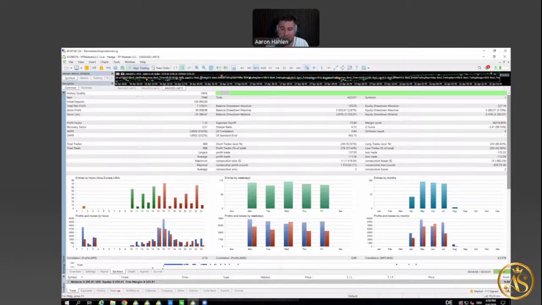So the strategy is working fully automatically. Because I don't like to sit in front of the computer the whole day, that's why I developed this strategy into a trading bot, so that the strategy is working fully automatically on my trading accounts and also now on your trading accounts, right?